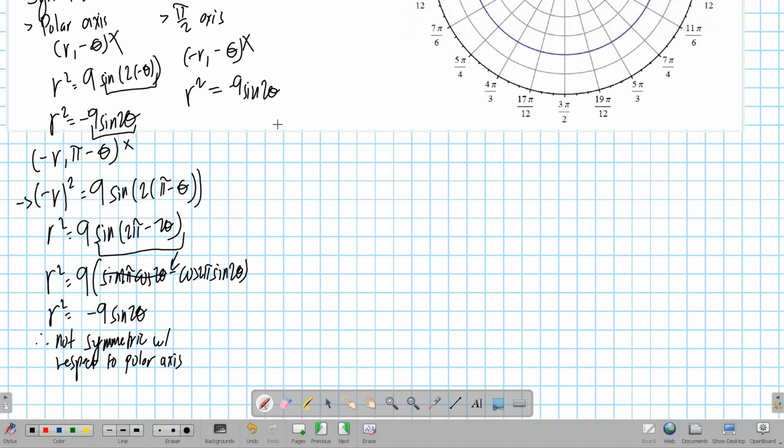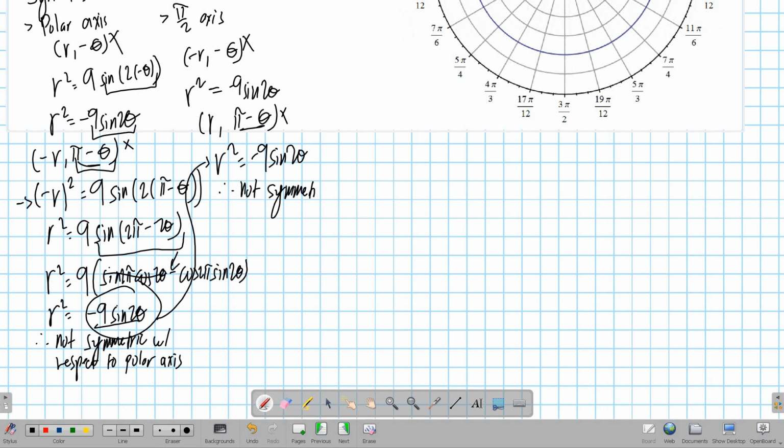So if we're going to check with r and pi minus theta, we already know the result with pi minus theta. It's r squared is equal to negative 9 sine 2 theta. This is from pi minus theta. I don't need to compute again. We get that, and still not the same. So therefore, it's not symmetric with respect to the pi over 2 axis.